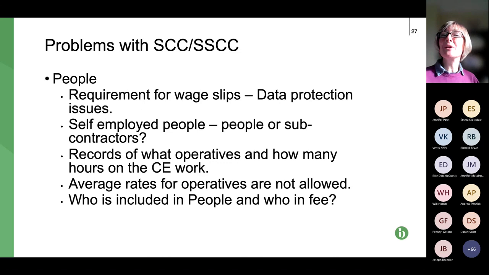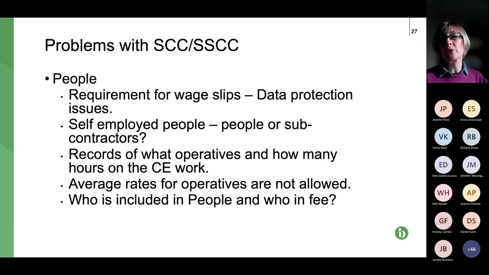And that goes back to last week when we looked at the fact that irrespective of providing quotes for compensation event work, the case law shows that if you need to go to adjudication or court, you need to actually prove what your actual cost is rather than the forecast cost. So you're going to have to show how long somebody spent on that compensation event work and what exactly they were doing. So that's problematic in lots and lots of respects.